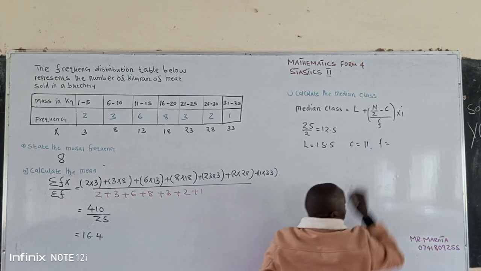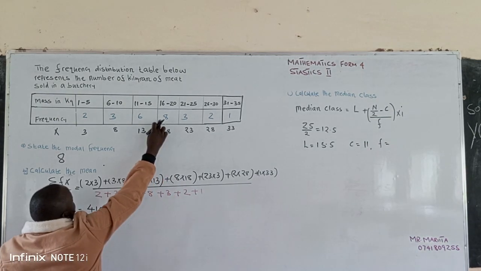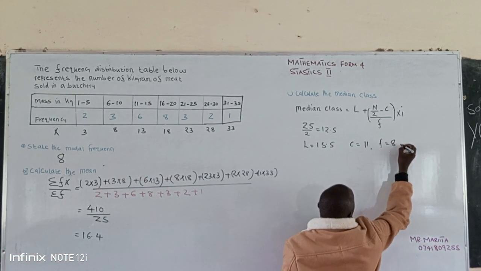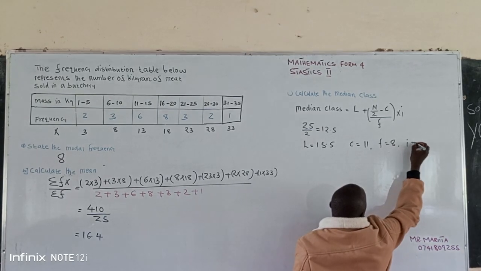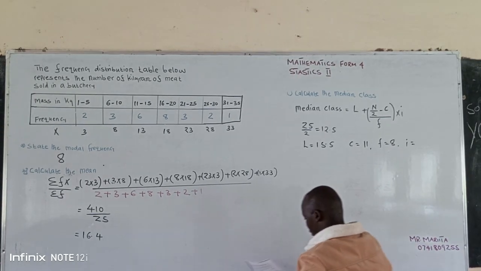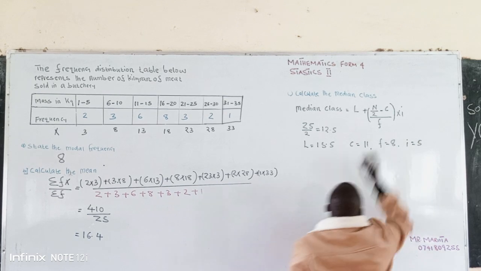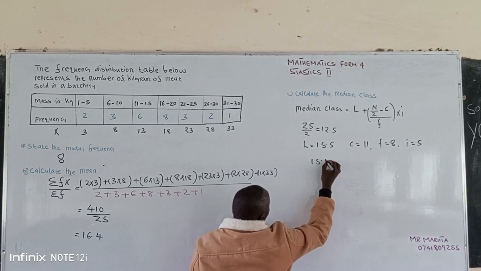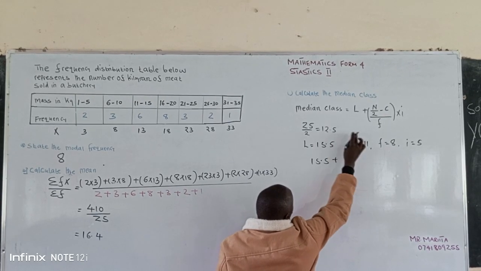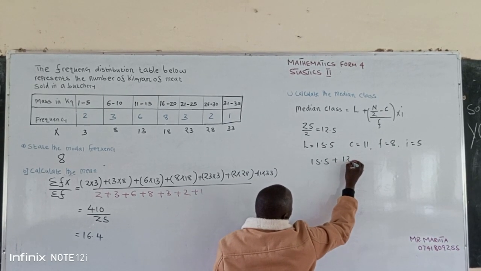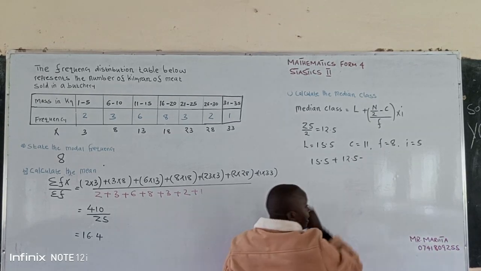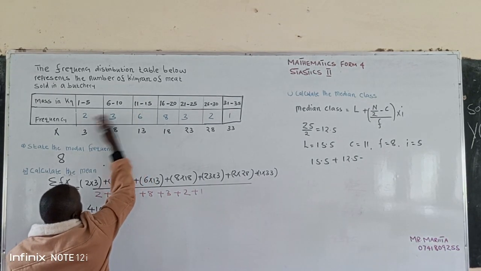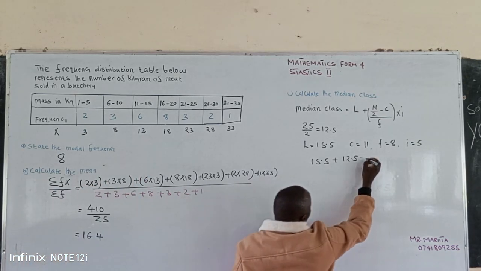Then we have the frequency of the class. The frequency of the class, that one we pick 8. And then our class interval is equivalent to 5. So if you substitute there, we have 15.5, then plus n divided by 2, which is 12.5, minus the cumulative frequency above the modal class. The cumulative frequency is 11, so you subtract 11.